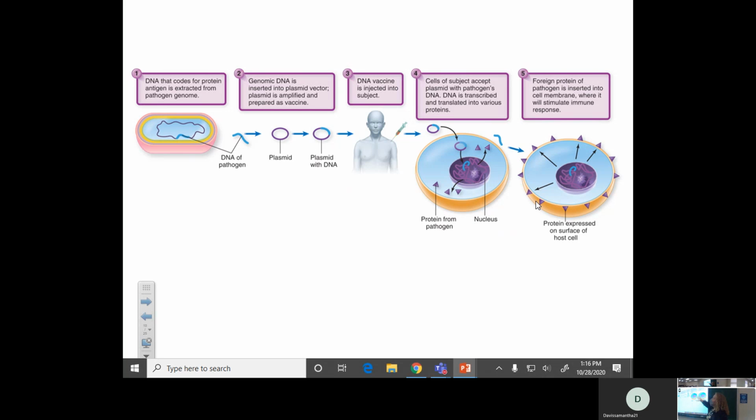This one I used to sometimes skip over for sake of time, but I'm not skipping over this because this is what the current leaders of coronavirus vaccine candidates are using, which are DNA or RNA vaccines.